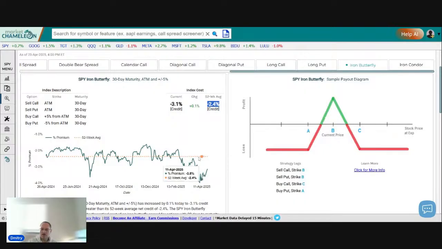So this dotted line, that's the average of all the observations. And this is how the cost or the value of this strategy fluctuated around the average in the last 52 weeks.